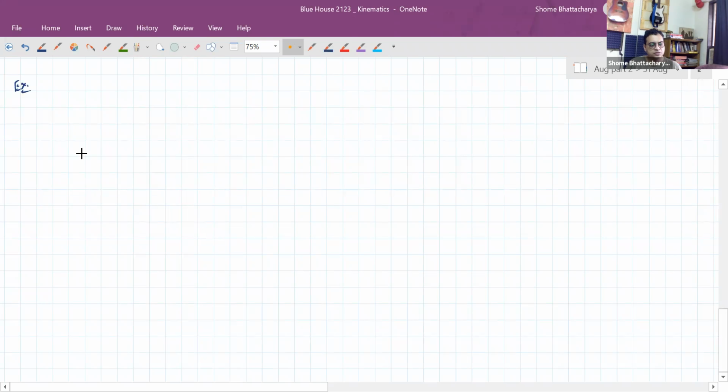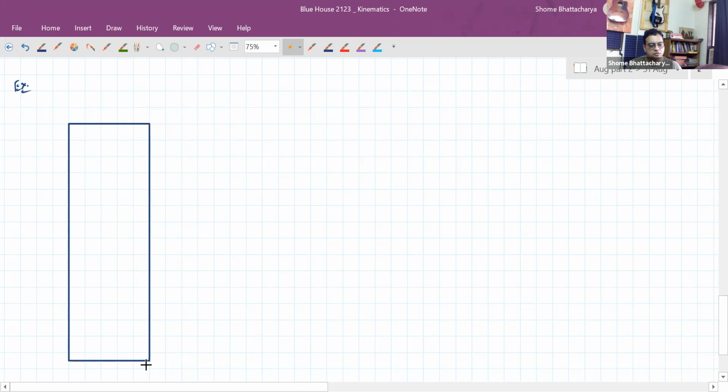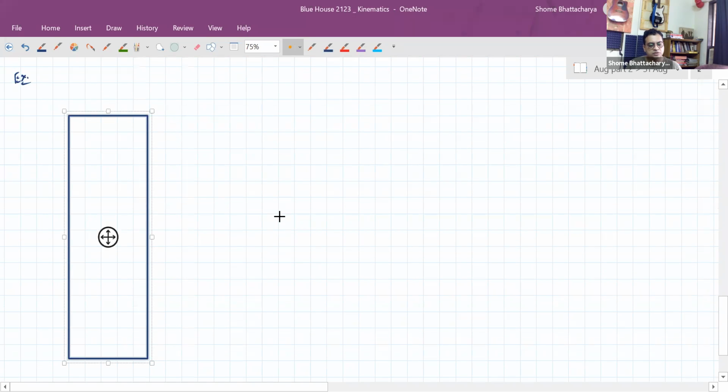So now we have this situation. We have, let's say, two buildings which are adjacent to each other.